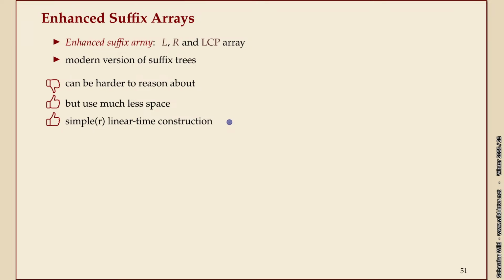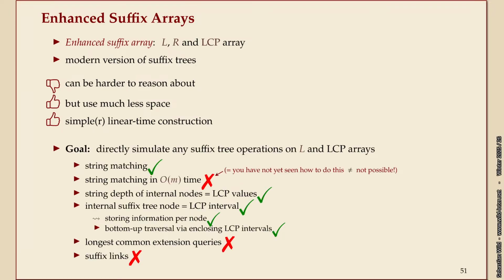One good way to think about them is design an algorithm for suffix trees and then compile it to work on enhanced suffix arrays. Usually the second step is not hard to do. And indeed, we've seen for many of the things you can do on suffix trees already how to do it.